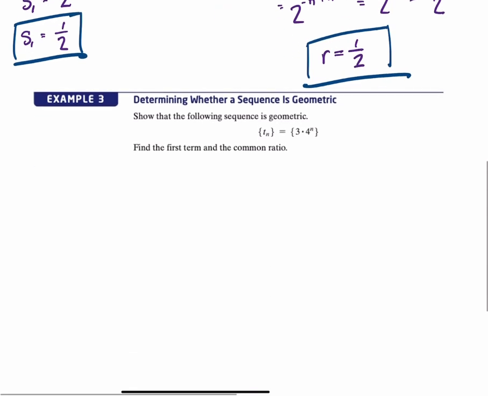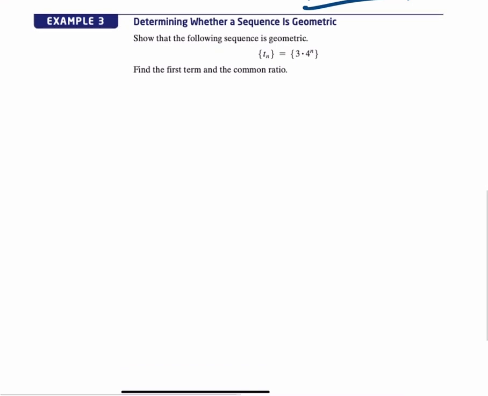So let's look at another example. Here we're given t sub n is 3 times 4 to the power n. So let's find the first term and the common ratio. Our first term would be t sub 1, so 3 times 4 to the first power, which will give us 12.